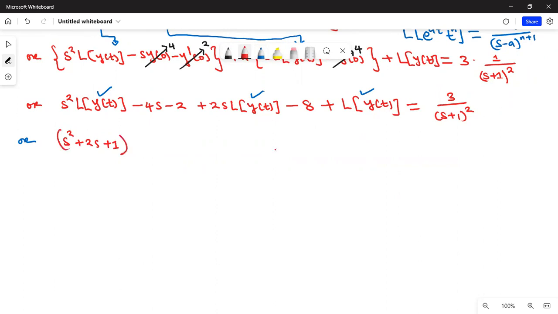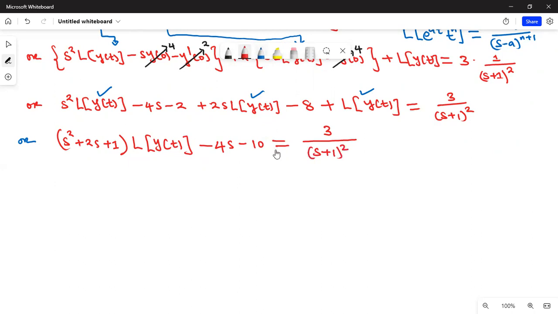This should be multiplying the Laplace transform of y of t. Then we have minus 4s minus 10 is equal to 3 over s plus 1 squared.